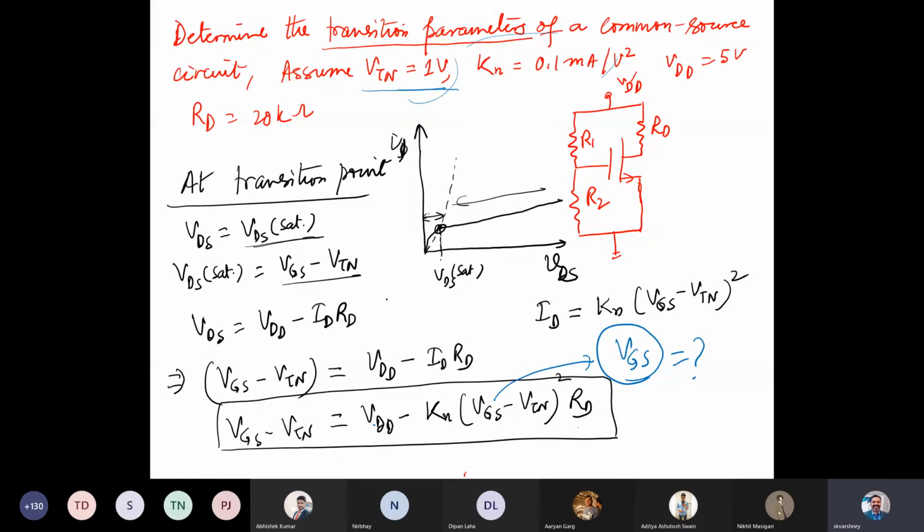You will get some number. If your gate to source voltage is less than this, it means we are in the saturation region. If the gate to source voltage is larger than this value, it means the device is going to enter the non-saturation region, right?